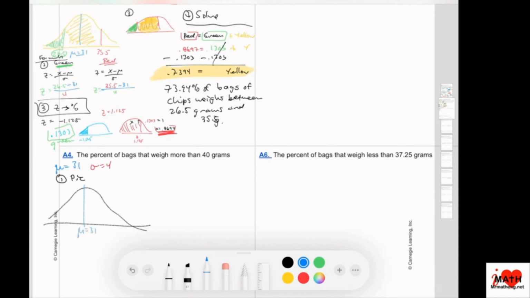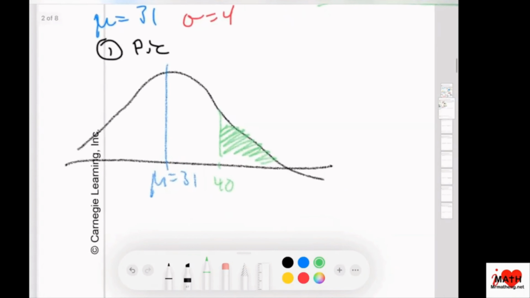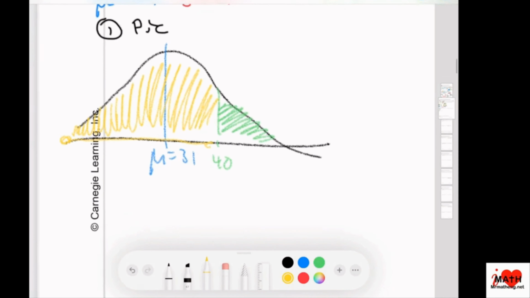And the percent of bags that weigh more than 40. So 40 is up here. And we're basically trying to find this area. Now remember, the z-scores will only find percents going from left to right. So essentially what we're going to figure out is this yellow area, and we'll use that to subtract it from 1 to find the green area.